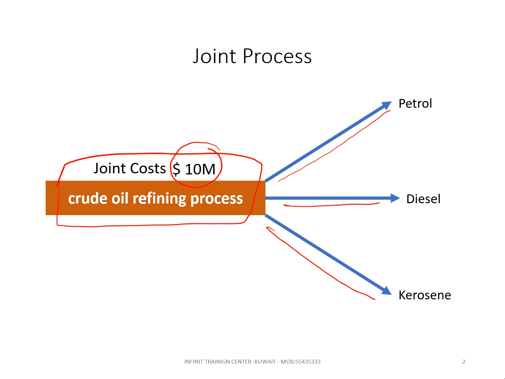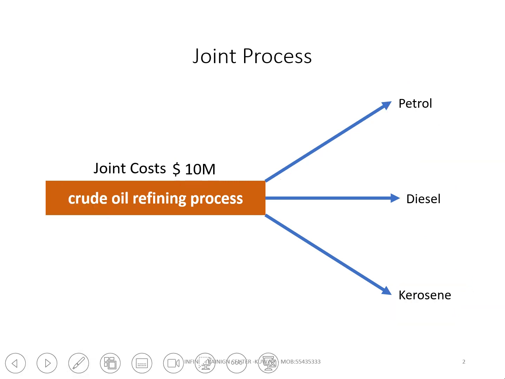Now the question is, how much will this petrol cost us? What's the total cost of petrol? And how much for diesel and how much for kerosene? We don't have the details here, right? Because it was going through a joint process and we spent 10 million altogether, and out of that 10 million we made petrol, diesel and kerosene.